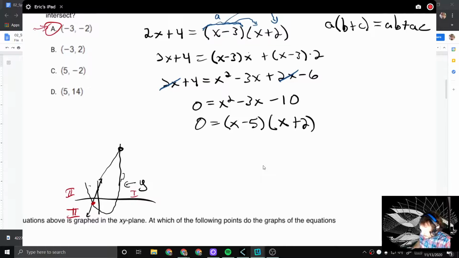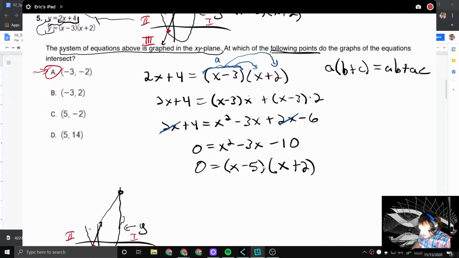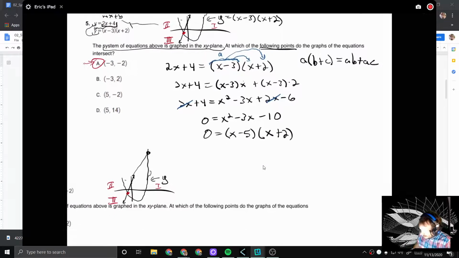I almost forgot, or I did forget about that point. The math just showed me that there was an error. A is not actually correct, and x equals 5, x equals negative 2 are the two solutions. So this is not one of the solutions.